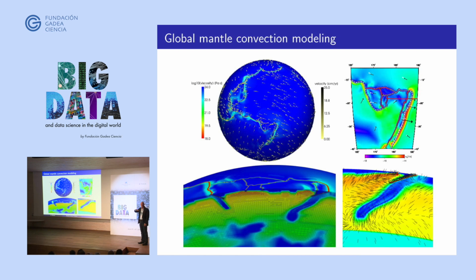These plates move at a few centimeters per year, and this shows some modeled velocity in black, and some of the observed ones in white. And so the inverse problem is to minimize the misfit between these two. And these surface velocities come from synthetic aperture radar or GPS.